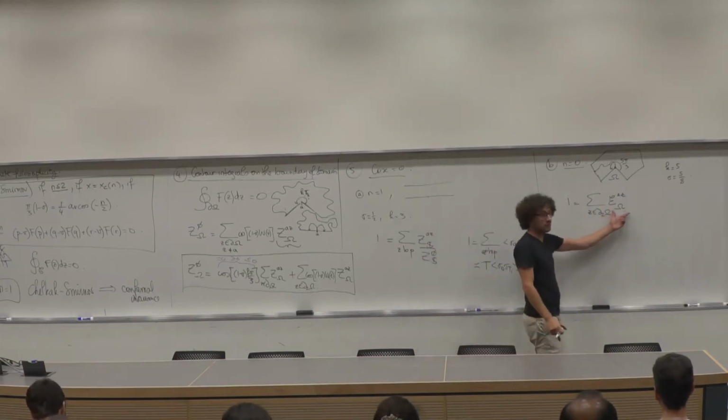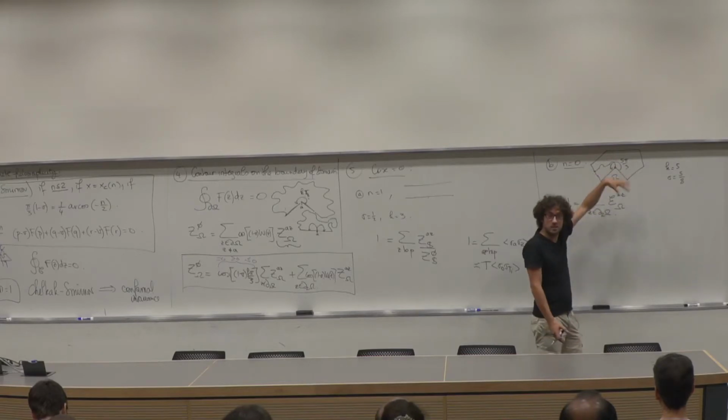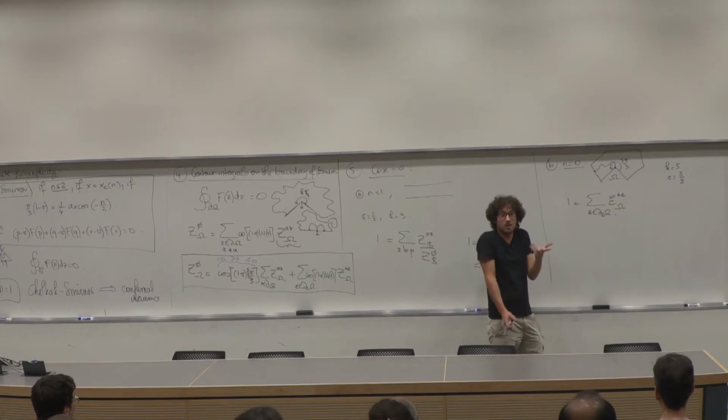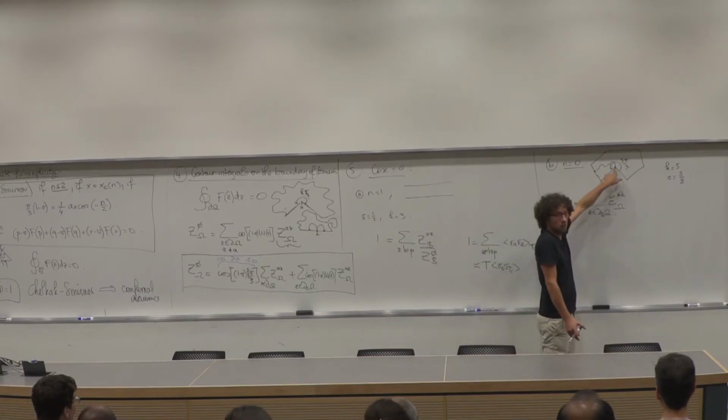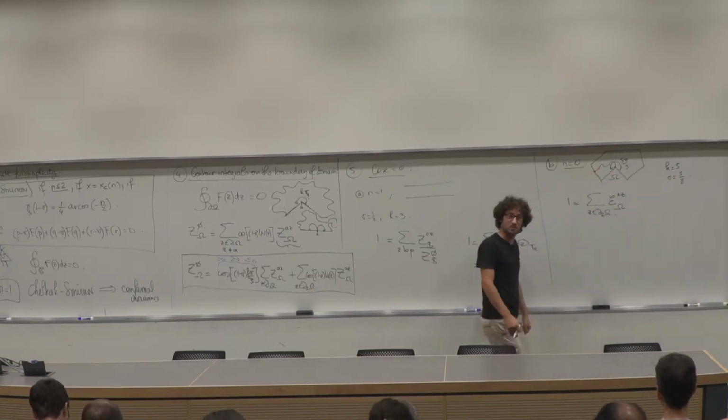But this is just a number, a partition function for self-avoiding walk from A to Z in this domain. So it's definitely smaller than the generating function, sorry, of walks from A to Z in the full plane. There are more walks in the full plane.